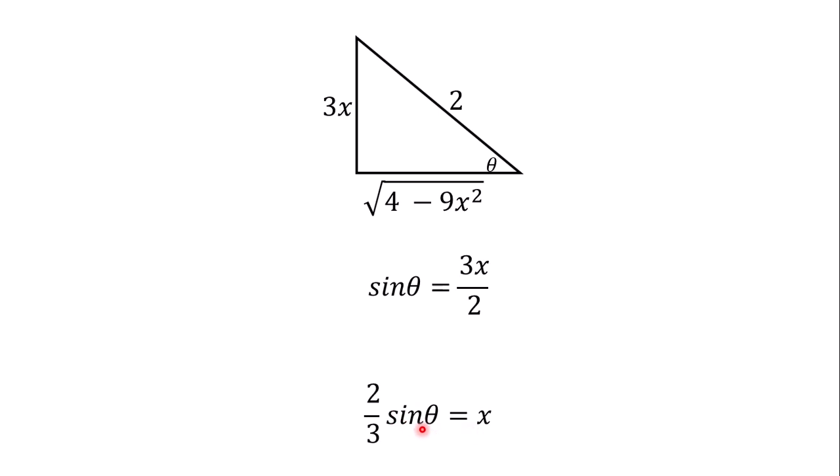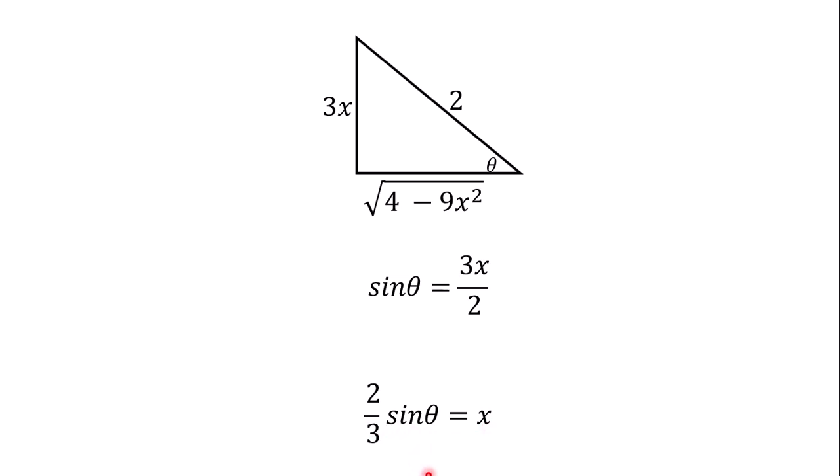Now we can differentiate. This is going to replace x. But what is going to replace dx in the theta world? To find out, we differentiate. When you differentiate something like this, just forget about the constant and differentiate the ratio. The derivative of sine theta is cos theta, and then you multiply it by d theta.